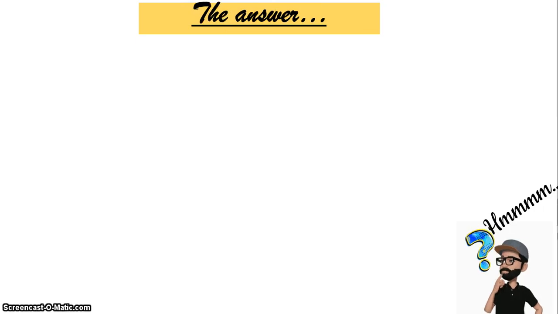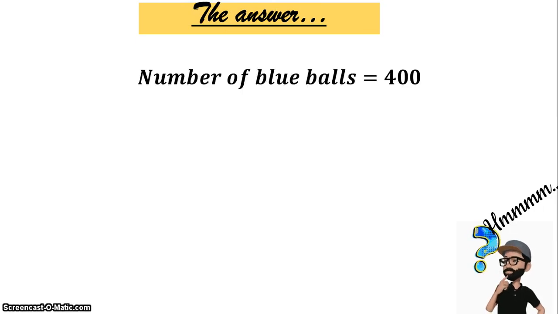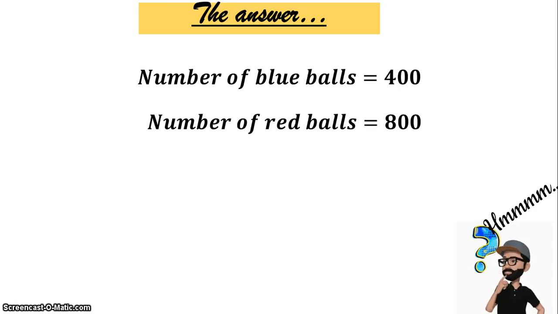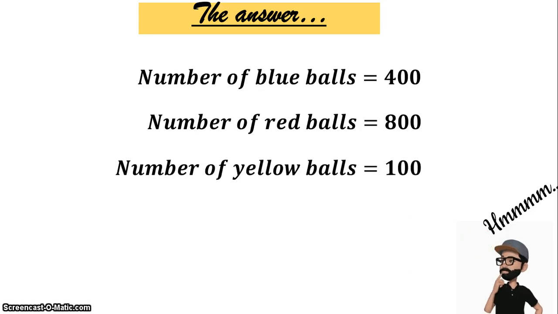We can put it all together. It means the number of blue balls is 400 and the number of red balls is 800. 2 times, remember? So 2 times 400 is 800. But then the number of yellow balls is 100. How? Remember, (n minus 100) divided by 3.